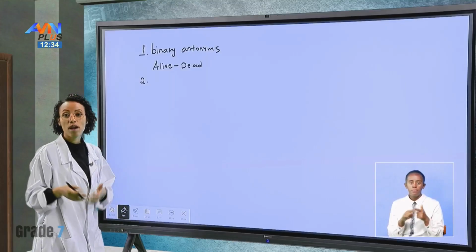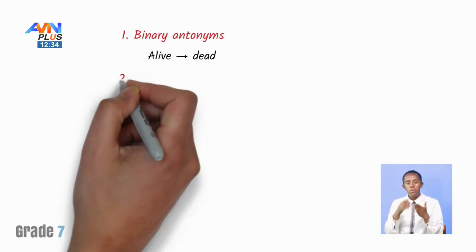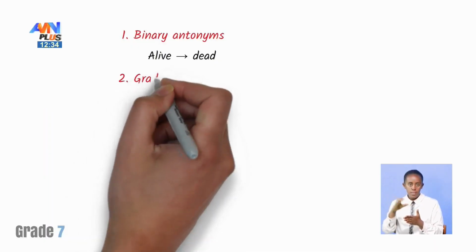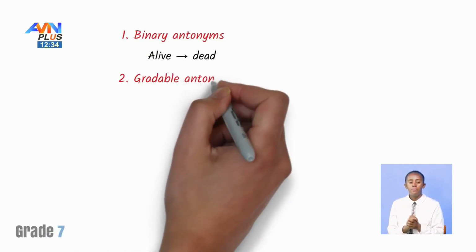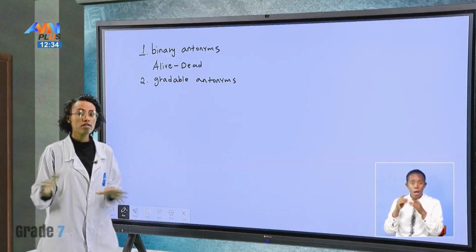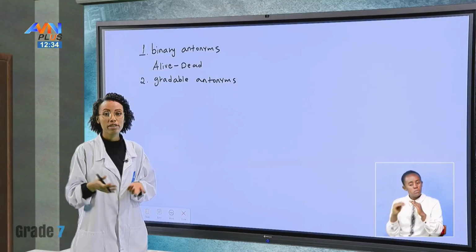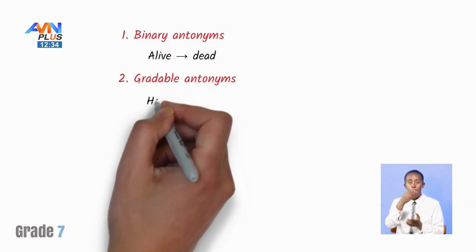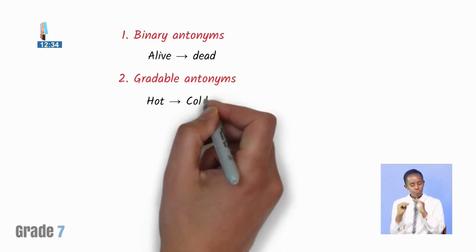the second type of antonyms that we have is gradable. Gradable antonyms are antonyms that are different because of the degrees of things. For example, hot, cold. If you see the degrees of these things, they are extreme.